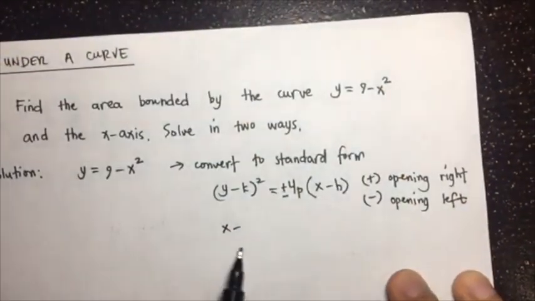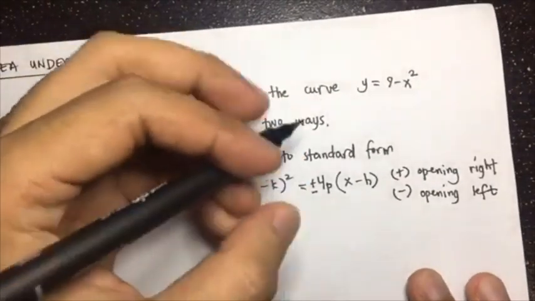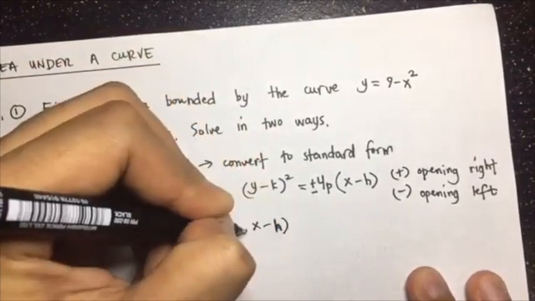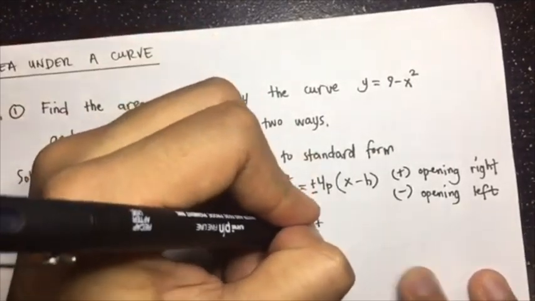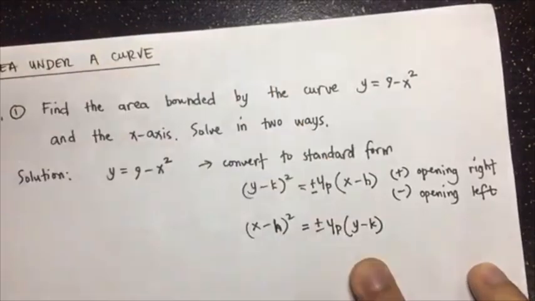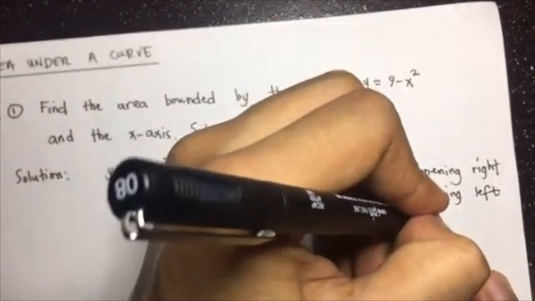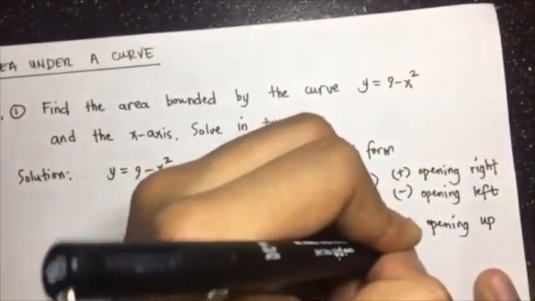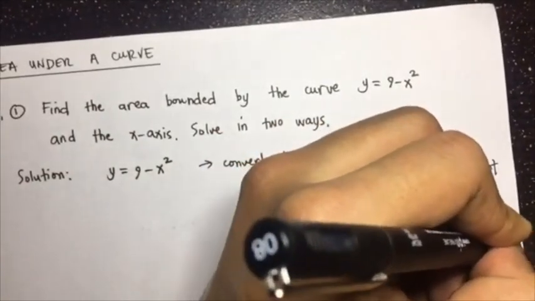It could also be x minus h squared is equal to plus or minus 4p times y minus k. It's positive if it's opening upwards, and it's negative if it is opening downwards.